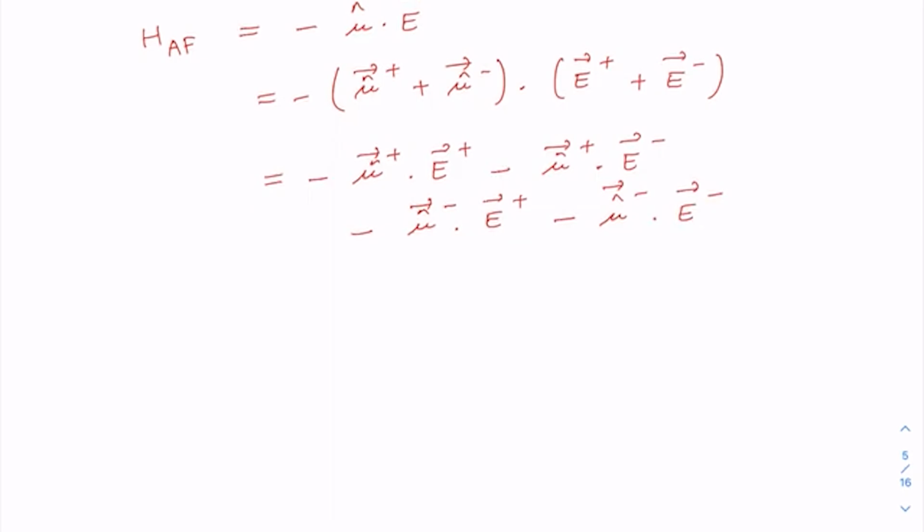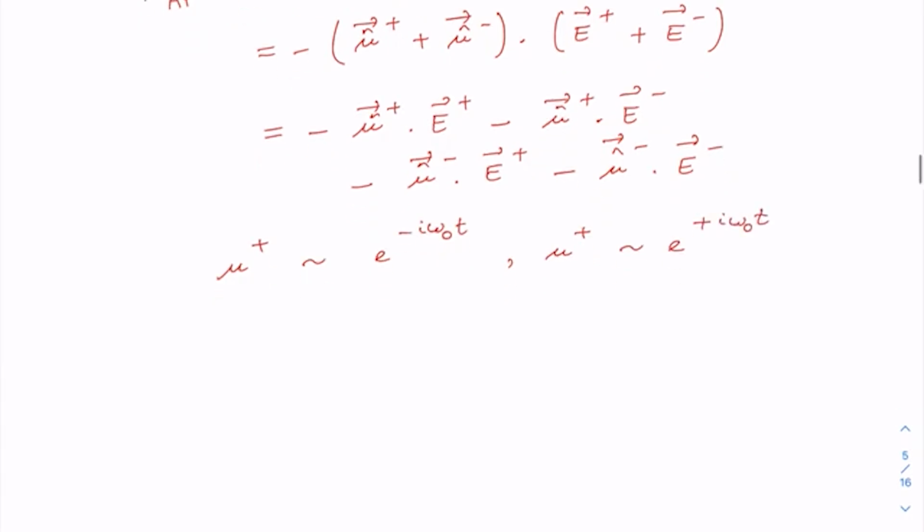Now let me again write that μ+ varies with time as e to the power minus iω0t, μ− varies as e to the power plus iω0t, and E+ varies as e to the power minus iωt, and E− varies as e to the power plus iωt.